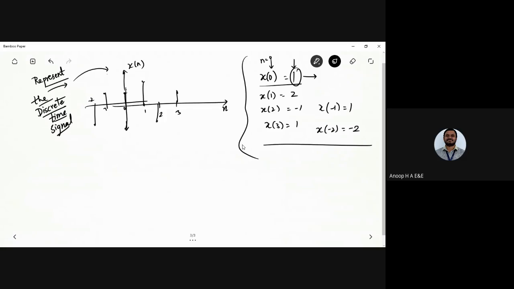Now, for this x of n signal, as I already told you, the impulse response of the system is associated with respect to x of n. So I need the weighted sum of the signal at that particular time instant.